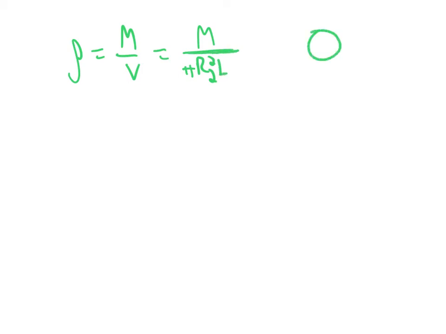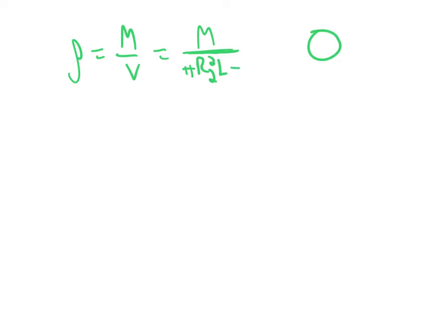Remember that the definition of density is rho equals the mass over the volume, and the volume here would be the volume of the outer cylinder, which is pi R2 squared times L. That's the volume of a cylinder of radius R2.